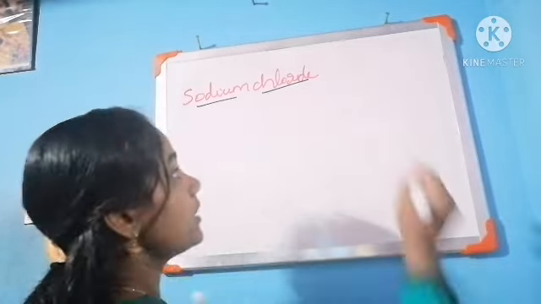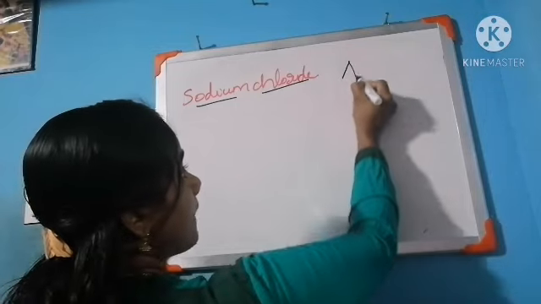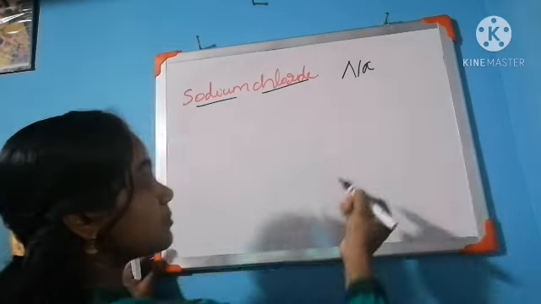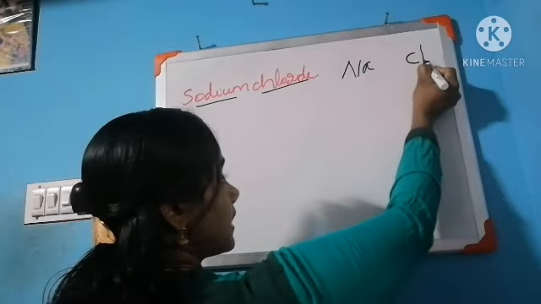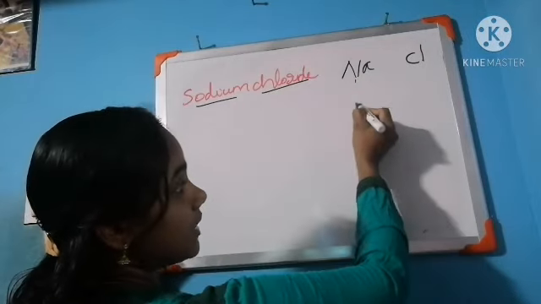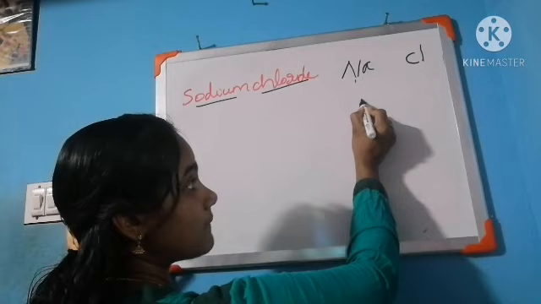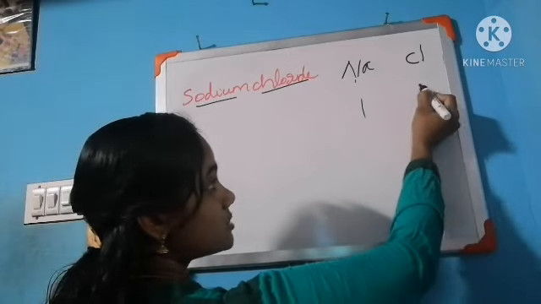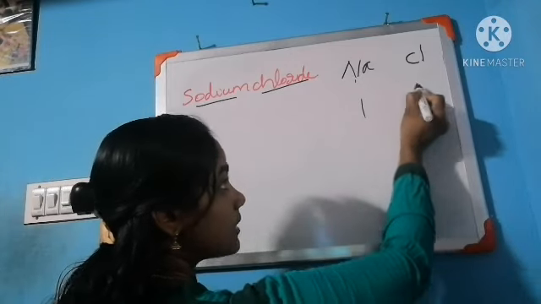The symbol of sodium is Na. The symbol of chlorine is Cl. What is the valency of sodium? 1. What is the valency of chlorine? 1.